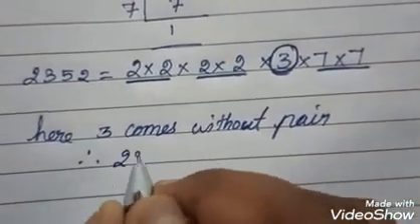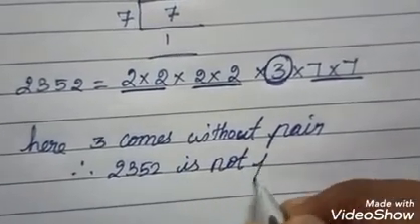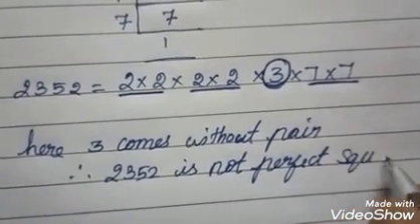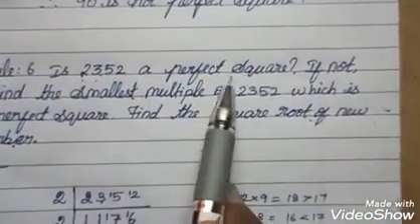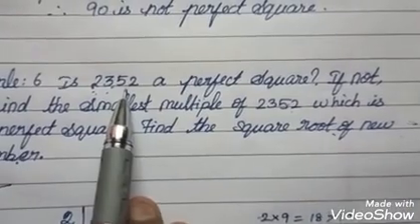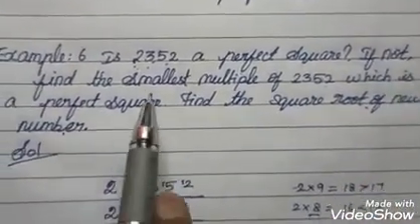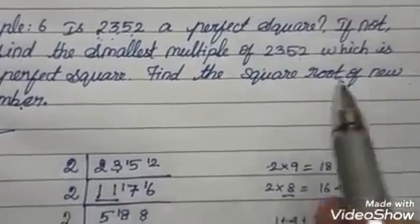Therefore 2352 is not a perfect square. So you see, the question may be a perfect square, we leave it. So if not, what we need to do? We need to find out the smallest multiple to make this a perfect square and find the square root.